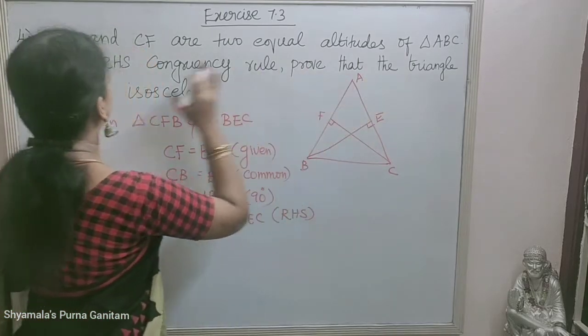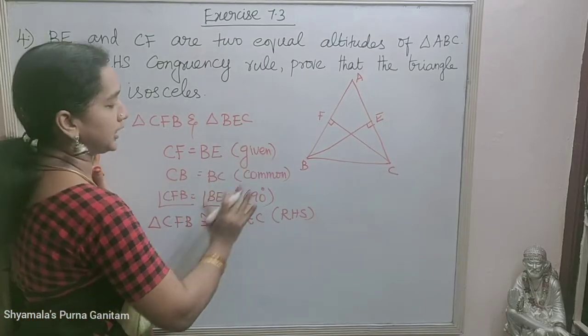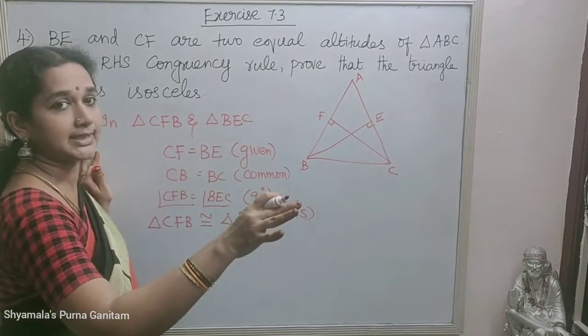But you have to prove that the triangle is isosceles. How will you prove the isosceles triangle?